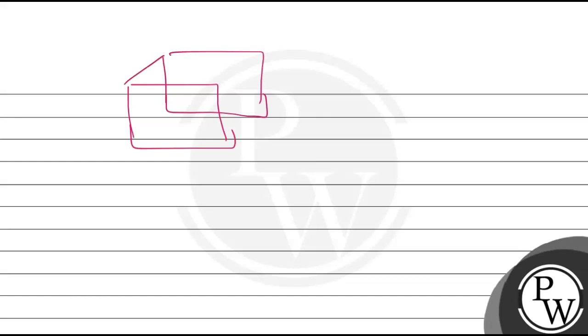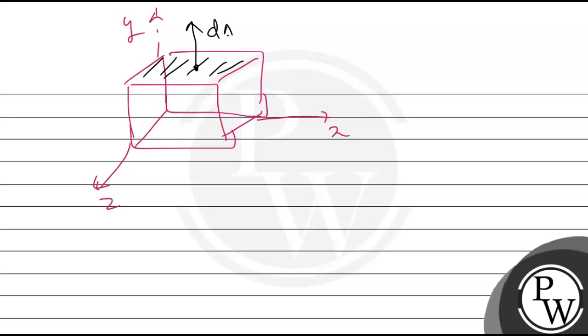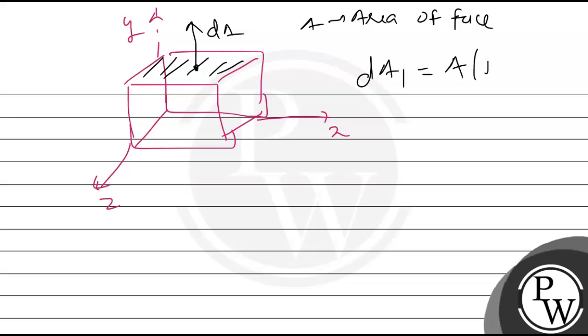In the case of a cube, this is the y axis, this is the x direction, and this is the z direction. Let us understand how to write the area vector. The area vector of this face will be in the outward direction, so dA can be written as A, where A is the area of each face, and as it is in the positive y direction, it is A J cap.